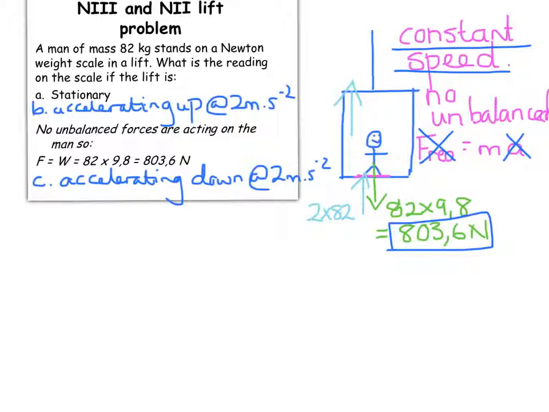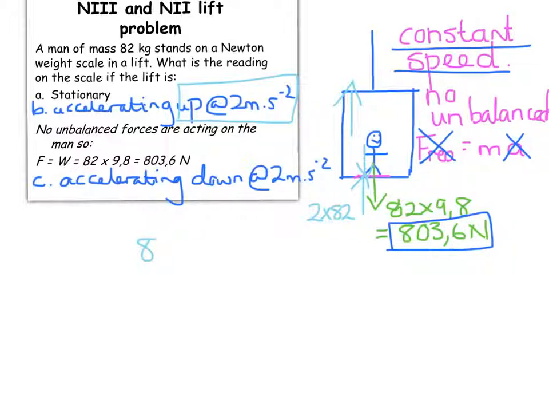Simultaneously, the man exerts an equal but opposite force down onto that pink line, which would be a scale. In other words, if I am accelerating upwards at 2 meters per second squared, I'm going to take the weight, which is the one downward force, and the other downward force onto the scale is this unbalanced force as a result of the movement of the lift.